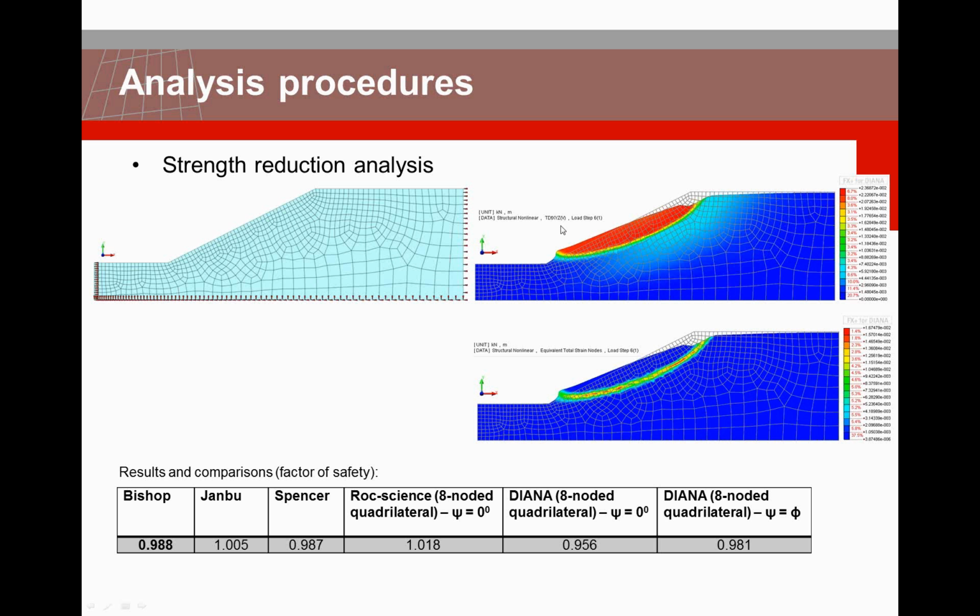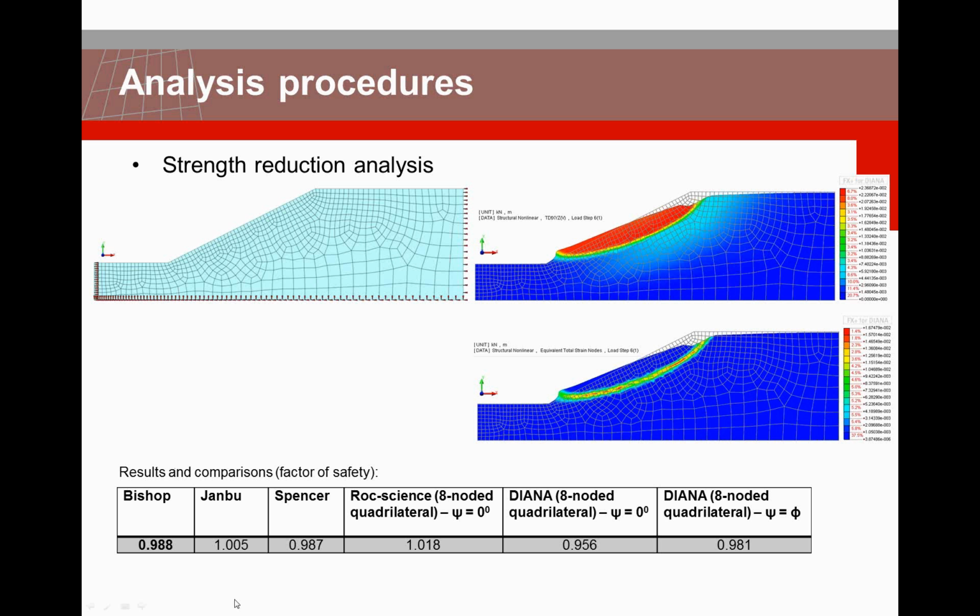What you see here is the displacement. You see very nicely the soil sliding, and this is the equivalent total strain, in which you see the band, the sliding band, in which the equivalent strains are maximum.